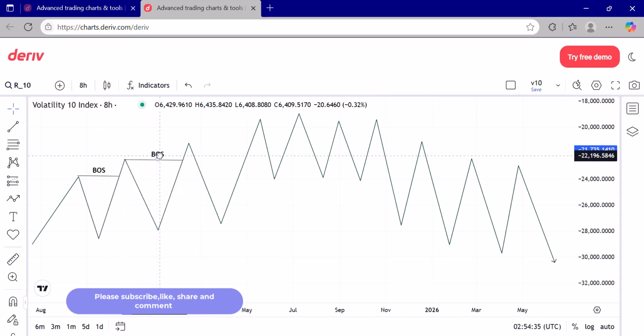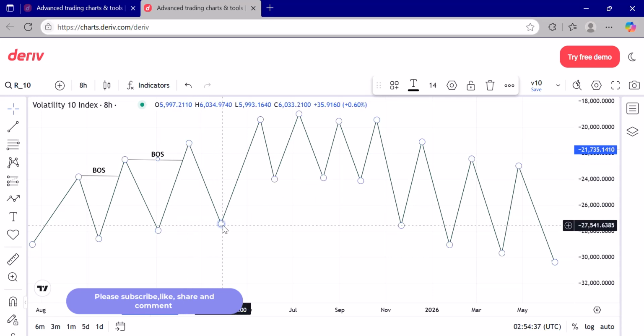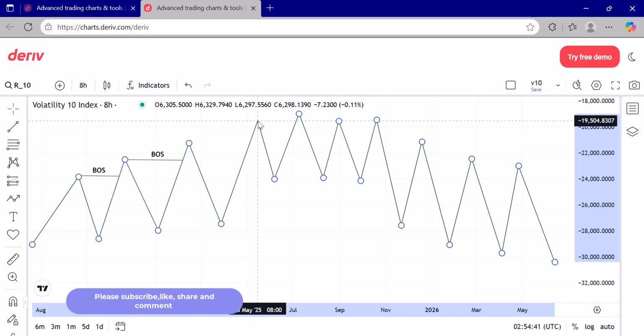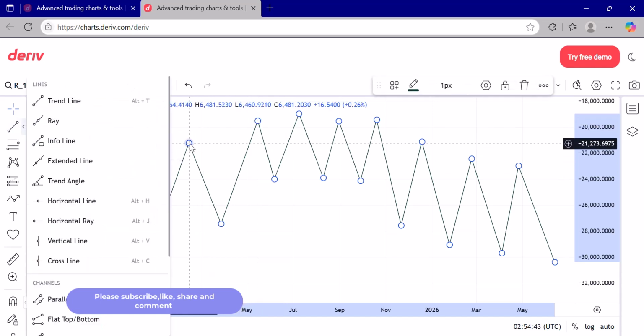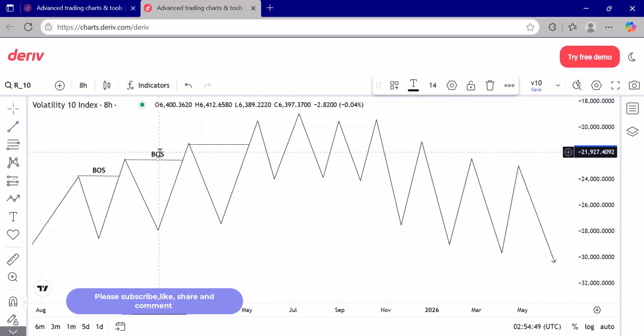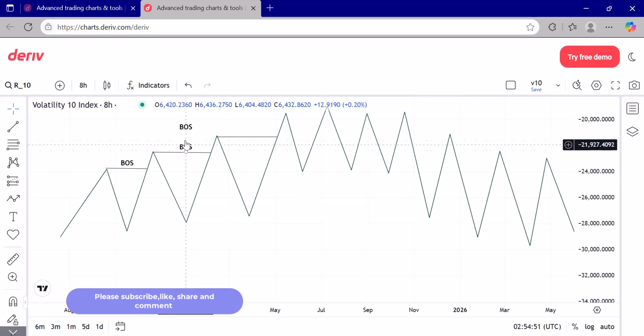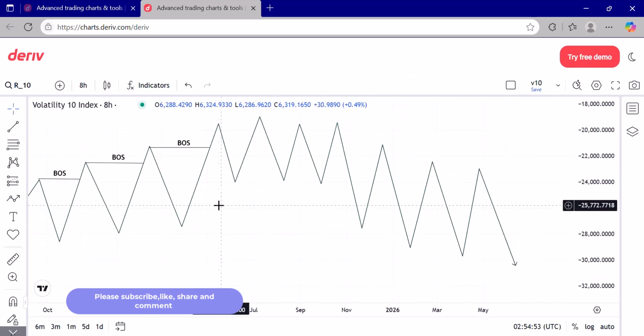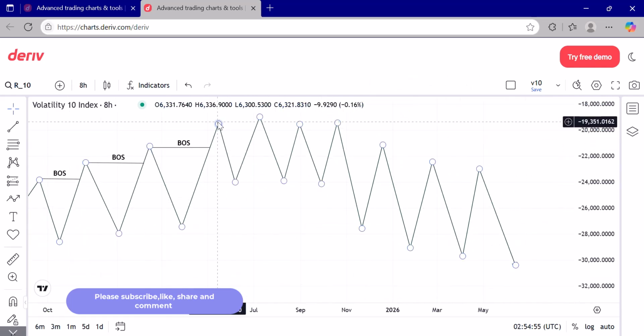There's a break of structure there, and then the market retraces. We now have another high here. There was a break of structure. So we have a new high.